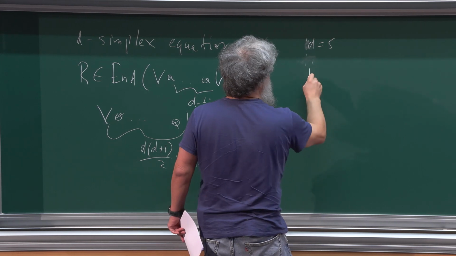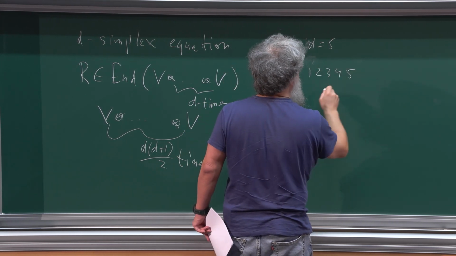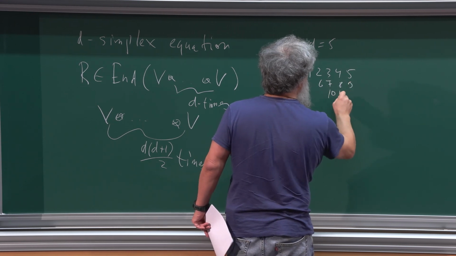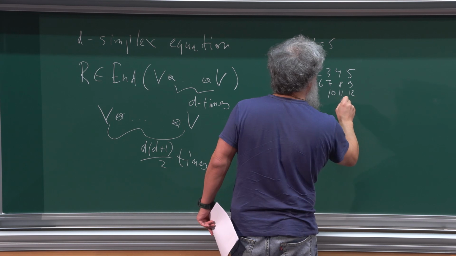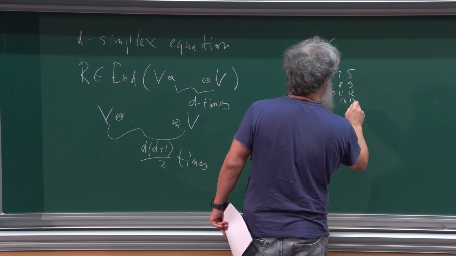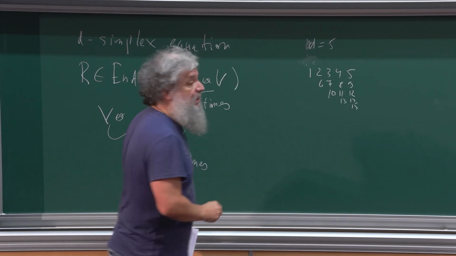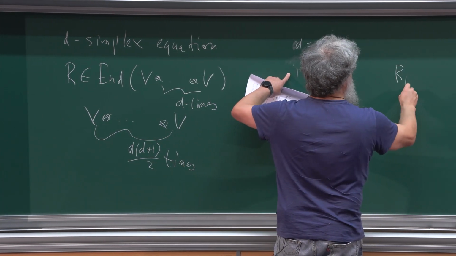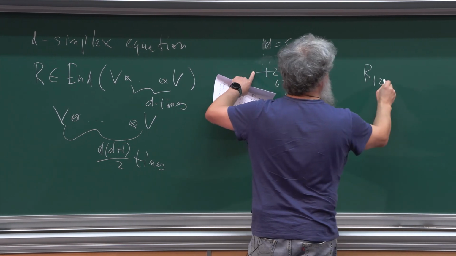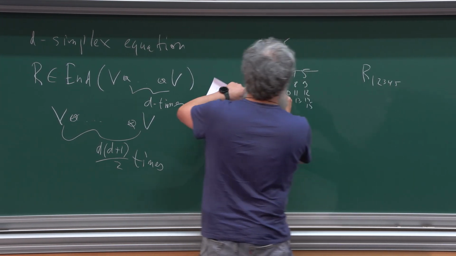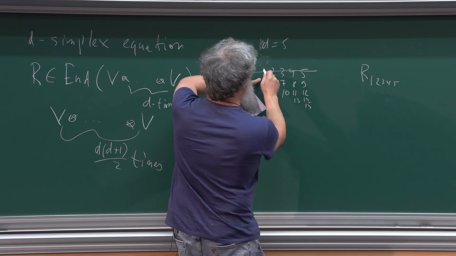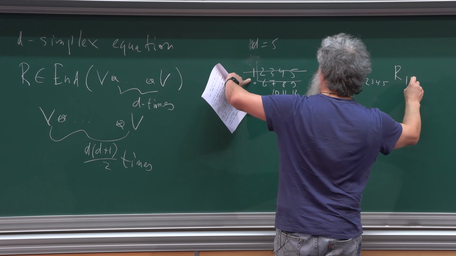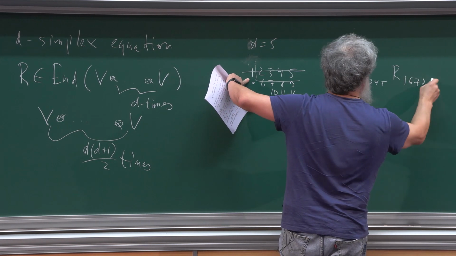So then you have to put the indices 1, 2, 3, 4, 5, 6, 7, 8, 9, 10, 11, 12, 13, 14, 15. Now you read as follows. First you take A1 2 3 4 5. Then you take the next and write this hook, so it would be 1 6 7 8 9.